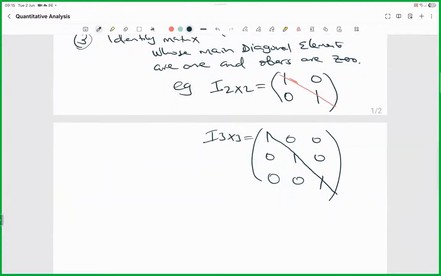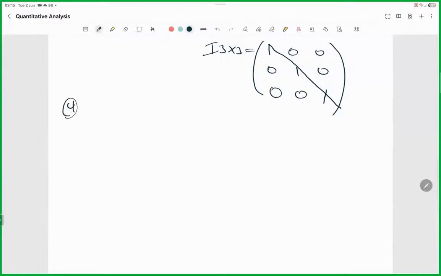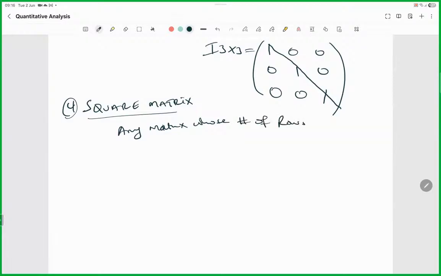A square matrix. This is any matrix whose number of rows equals its number of columns. What we had up here is a square matrix. For example, we could have a 2 by 2 square matrix, 3, 8, 9, 4.